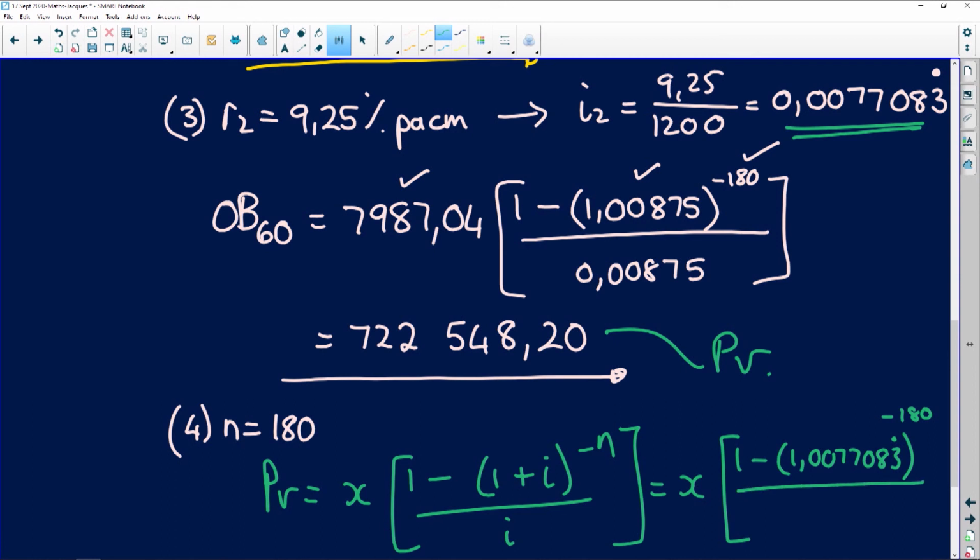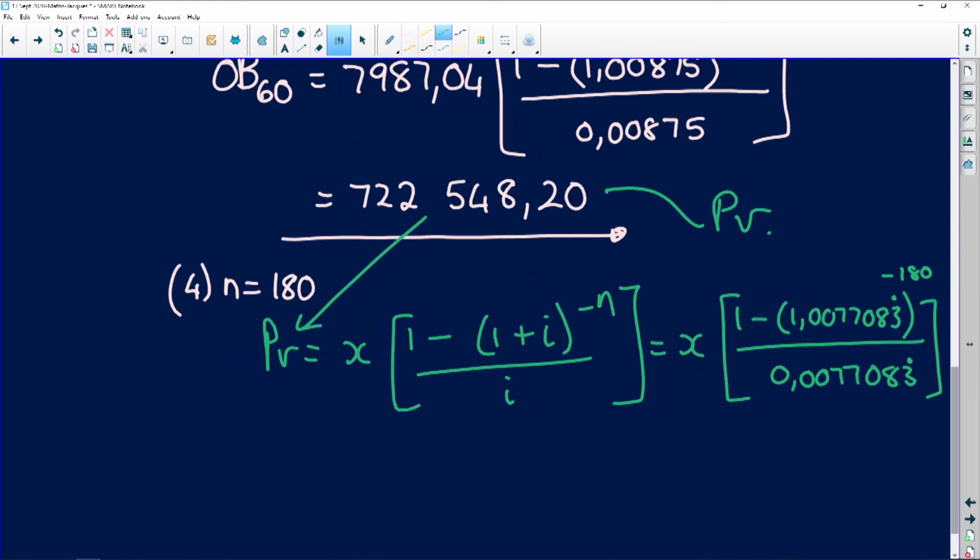Okay, there's that amount of payments that must be made. Sorry, and we said we're going to call it Y, so I'll change that for us now. 0.00778083 recurring. And of course, our present value is this new value. So we said we're going to call it Y because it's not going to be the same as our first payment. So this will be the new payment.